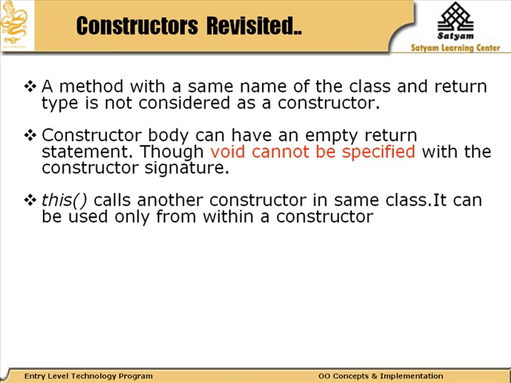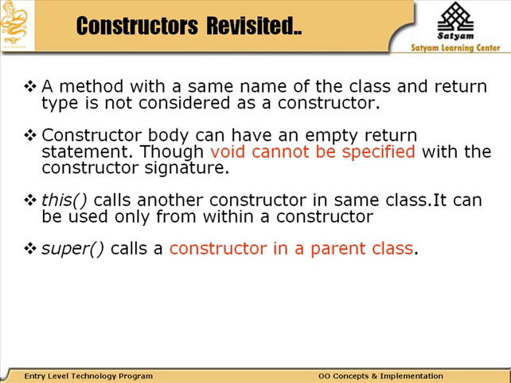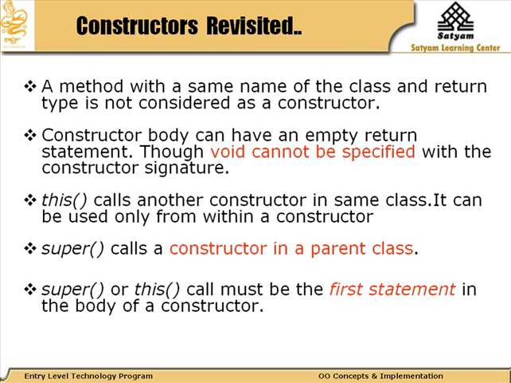It can be used only from within a constructor. super() calls the constructor in the parent class. Super or this call must be the first statement in the body of a constructor.